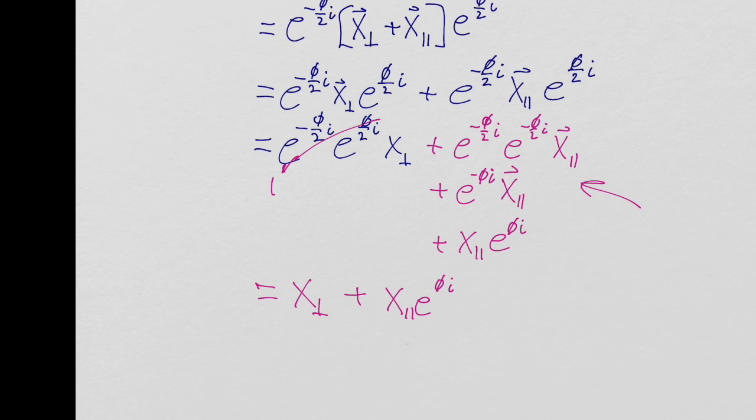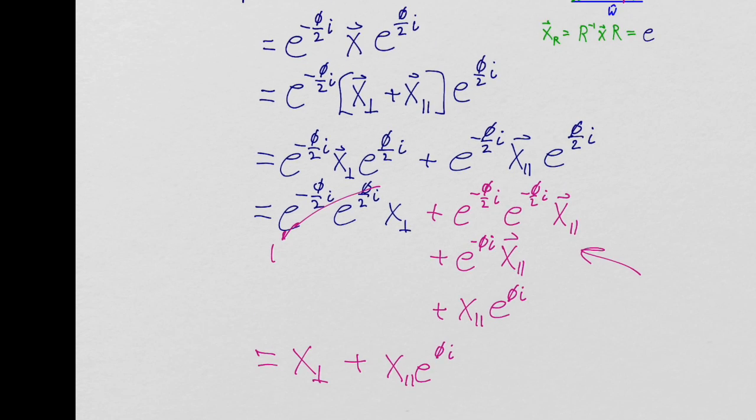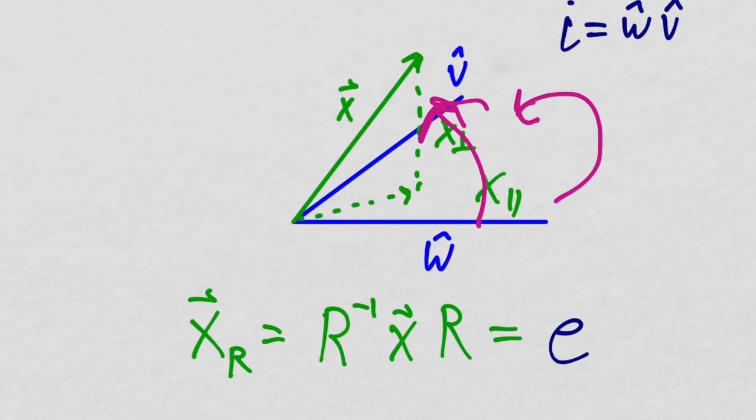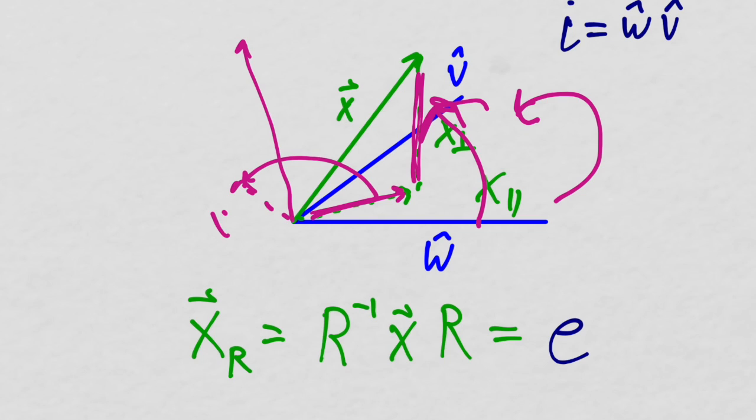But in the end, you do find that the parallel part just rotates very nice and simply, but the perpendicular part remains the same. So what's basically going on is ultimately this piece here rotates to twice the angle theta, so it rotates to there, and this piece here stays the same, so the whole thing just sort of moves like that, where this is now the new x parallel.